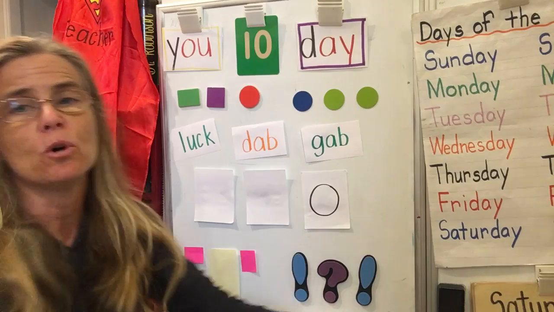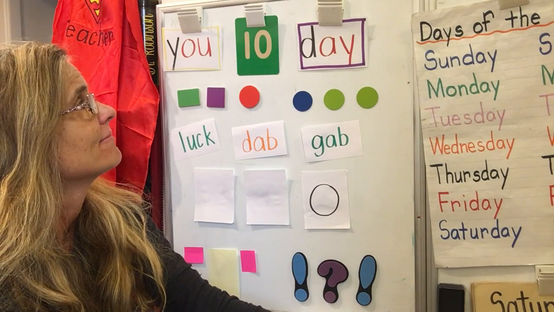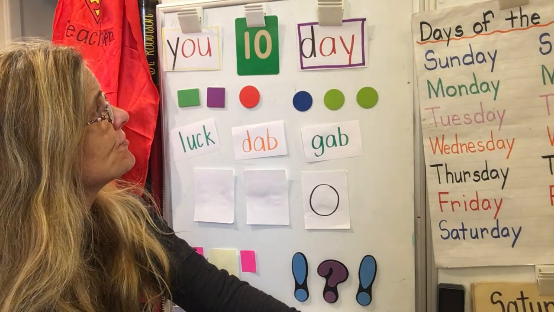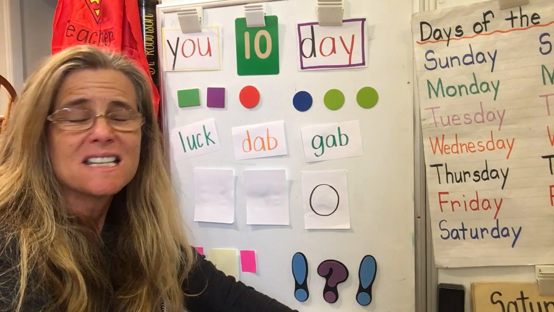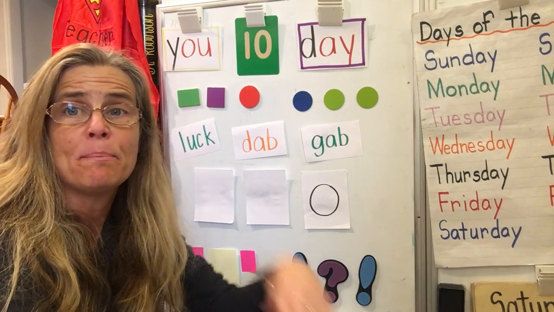All right, so let's look at the board, because one of these things is not like the other. Can you tell which one it is? One of these things does not belong.